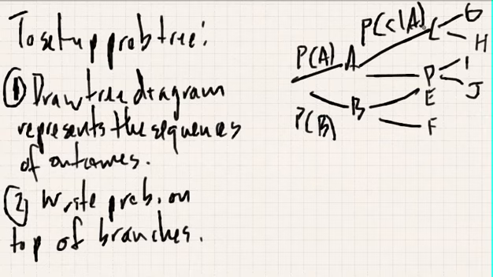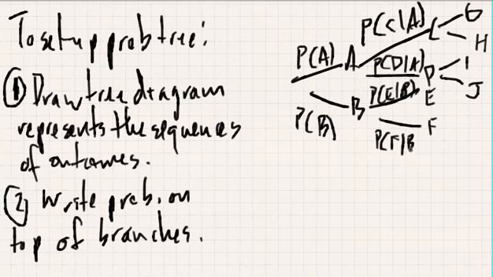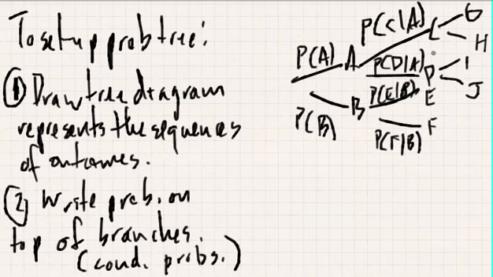So this gets the probability of C given A. This gets the probability of D given A. This gets the probability of E given B. This gives the probability of F given B. So these are all really just conditional probabilities, that this event happens, assuming everything prior to it happens.